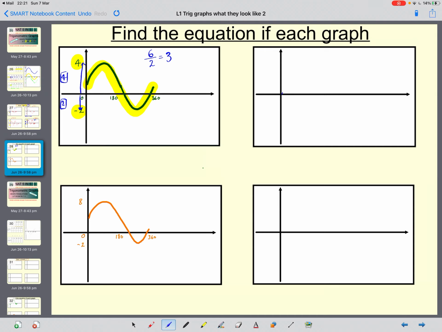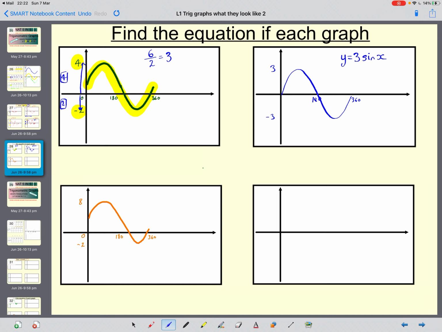Before it was shifted, the graph would look like this here. It would have went up to 3 and down to negative 3 in a period of 360. So at the moment you know the graph, that graph there is y equals 3 sine x. But what has happened to it?